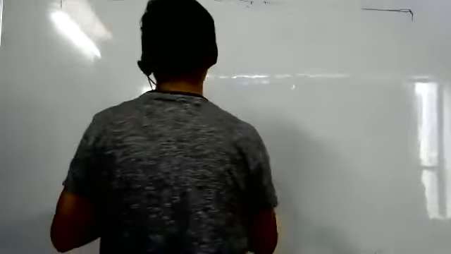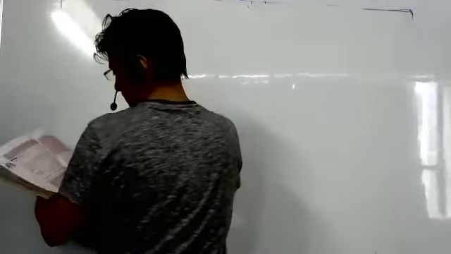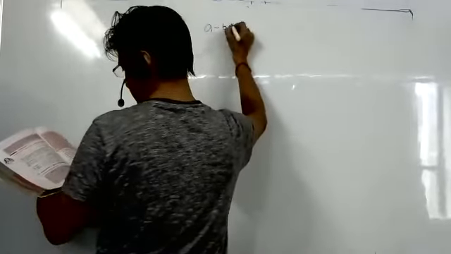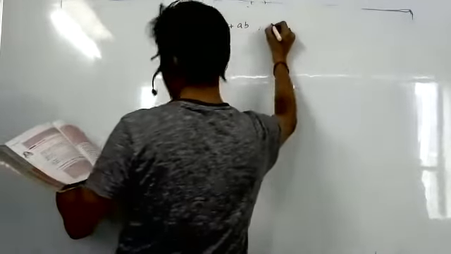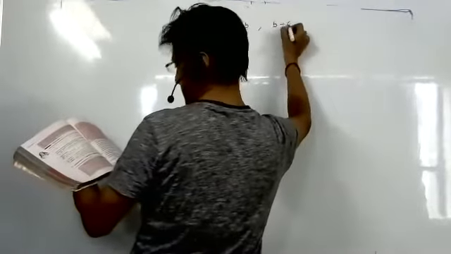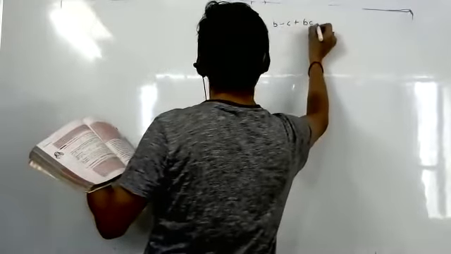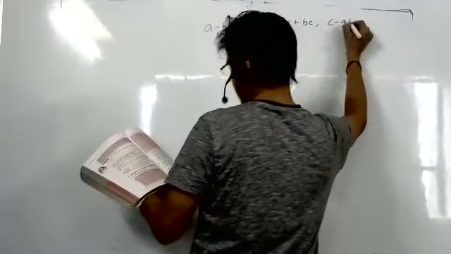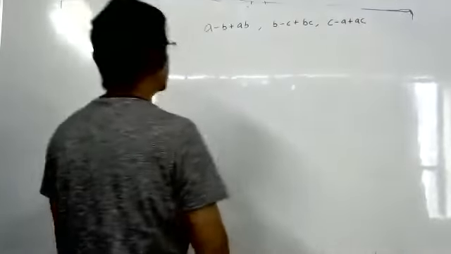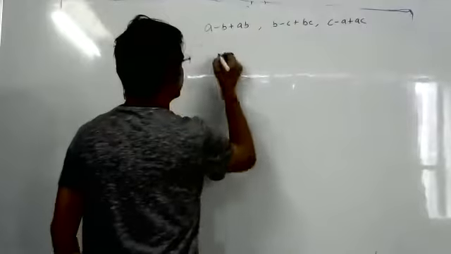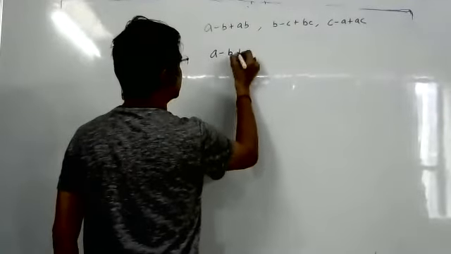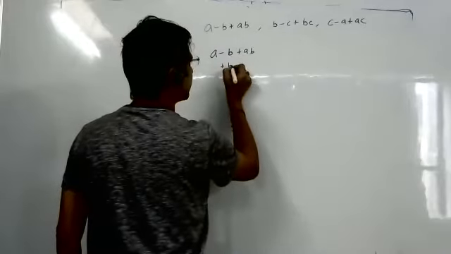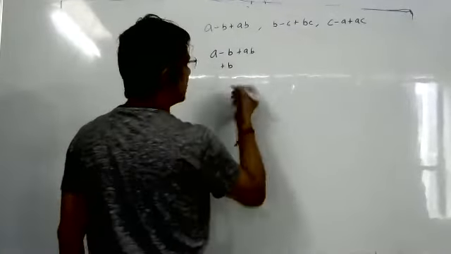So next question is add the following: A minus B plus AB, then B minus C plus BC, then C minus A plus AC. So you have to add all this. So I will write A minus B plus AB, then B minus C. So plus B, C is not there and BC is not there.